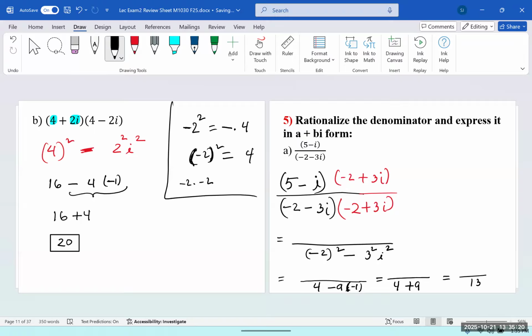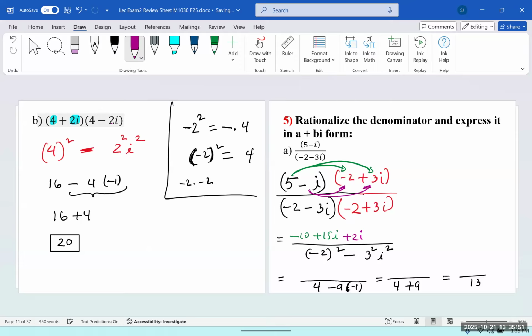And we do the multiplication on the top. This time, let me do the double distribution, foiling. 5 times negative 2, and then 5 times positive 3i, positive 15i. And then negative i times negative 2, positive 2i.